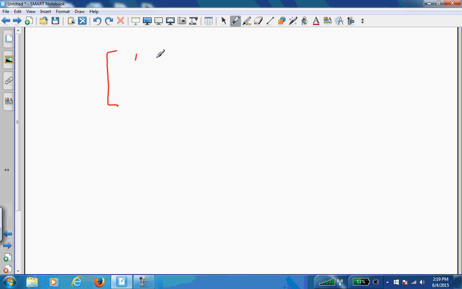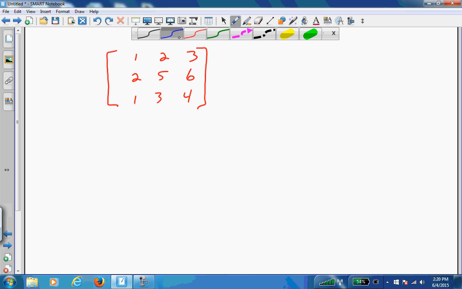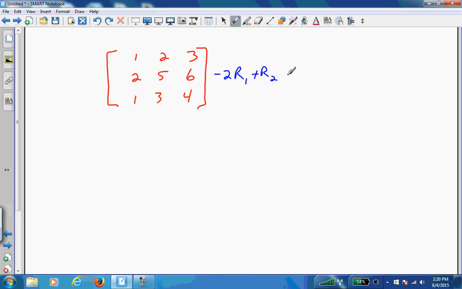Let's take 1, 2, 3, 2, 5, 6, 1, 3, 4. So we want to begin by doing the opposite of twice the first row plus the second row to get our new second row.